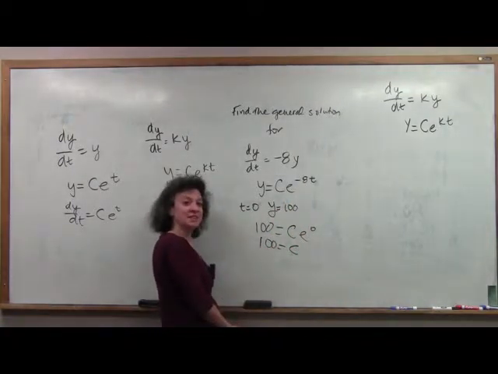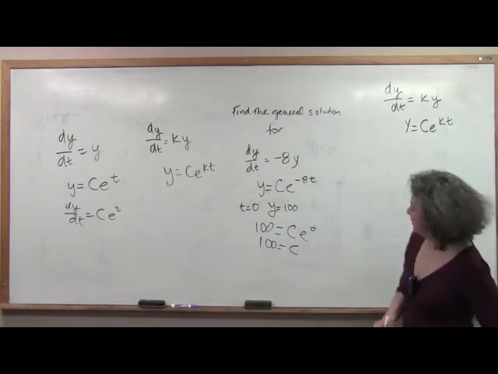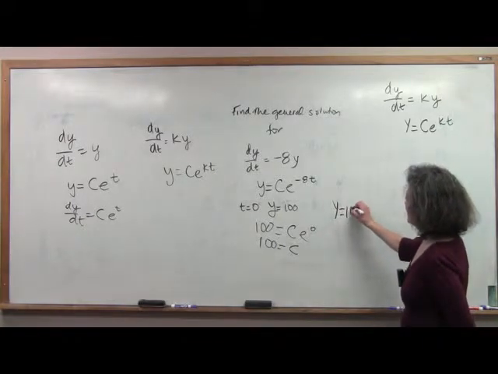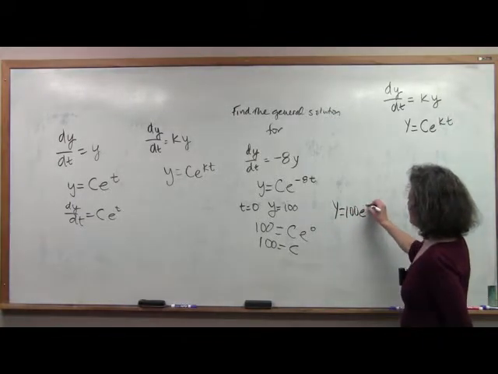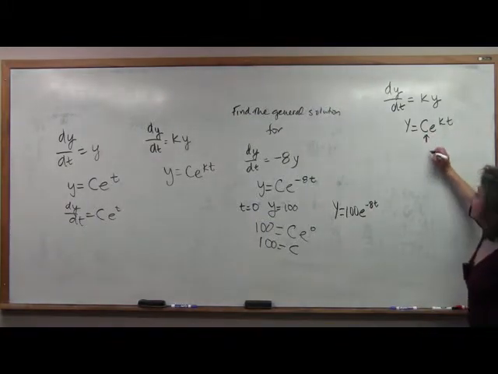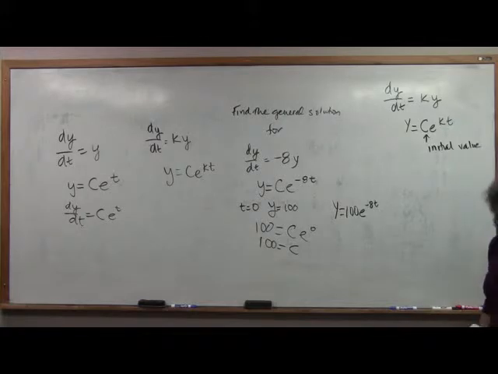Notice that just gives us c is 100. So in here we would say our particular solution is 100 e to the negative 8t. So in a differential equation of this type, c is our initial value. Okay?